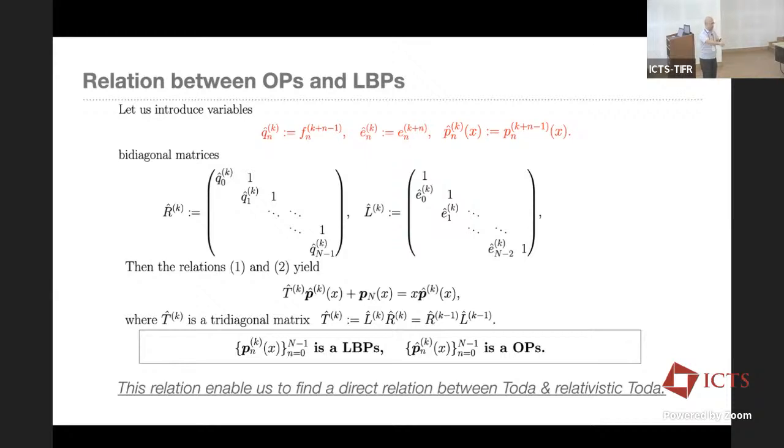At each time step we have some polynomial system as eigenvalues in LBP, and by choosing this way, this Pn hat has this expression. From 1 and 2 we can obtain this type of relation for P hat. So T hat is composed from the product of L hat and R hat.